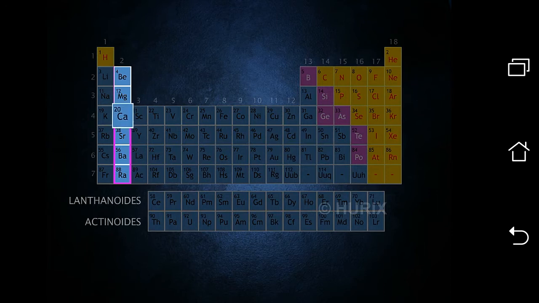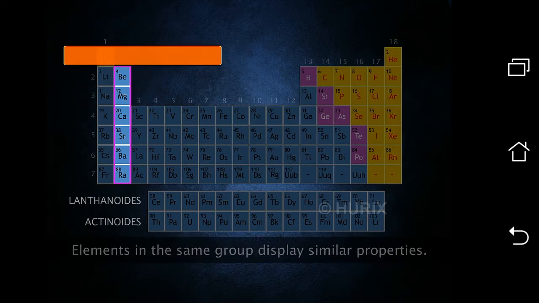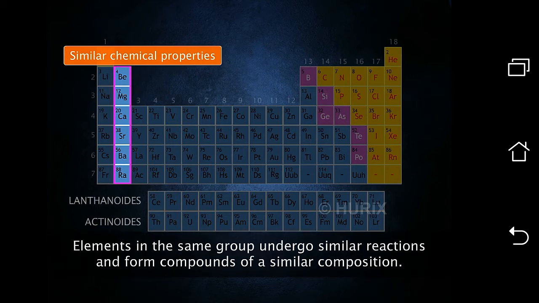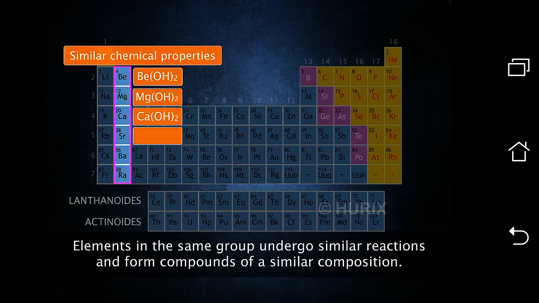How are the elements in a group related? All elements in a given group display similar properties. Elements in a group undergo similar reactions with other substances, forming compounds of a similar composition.